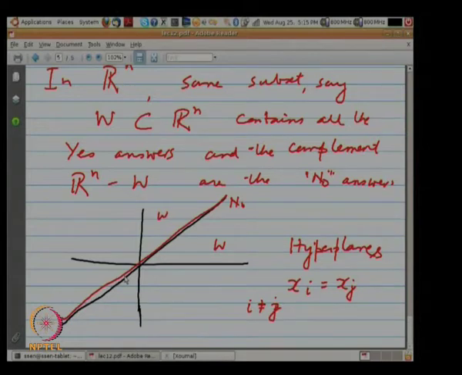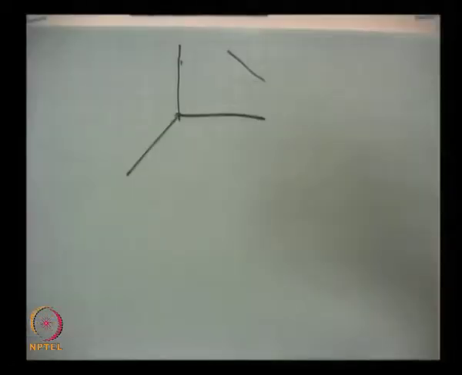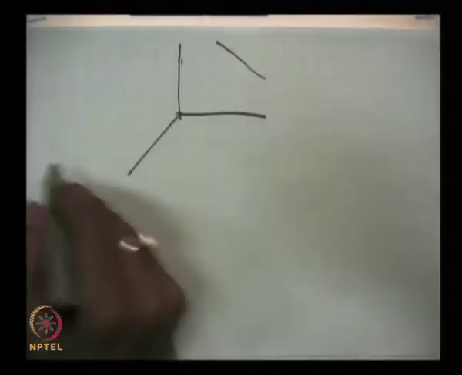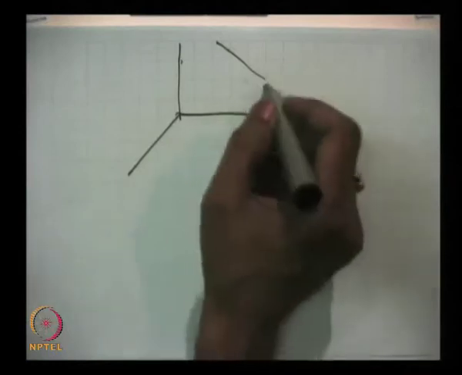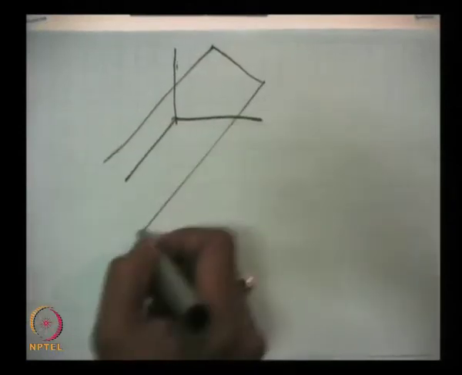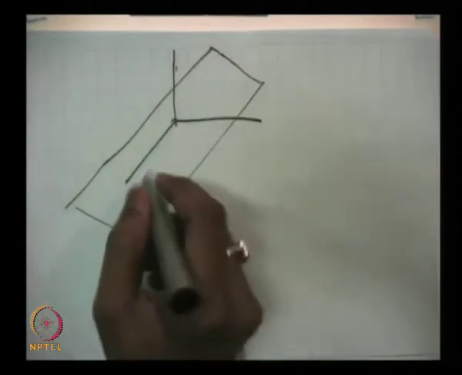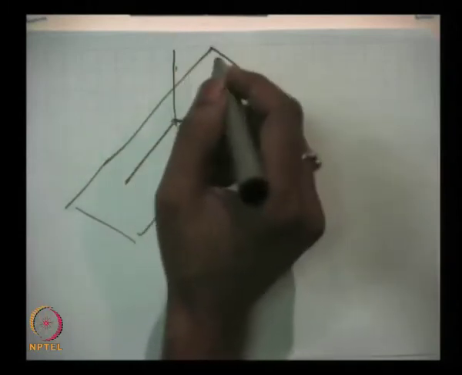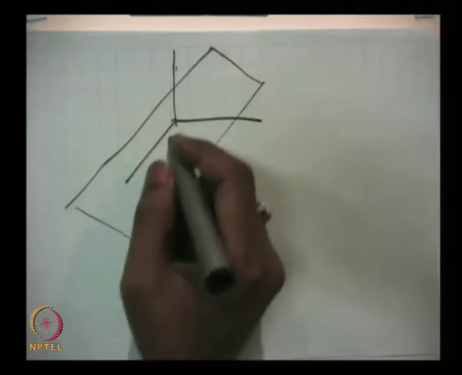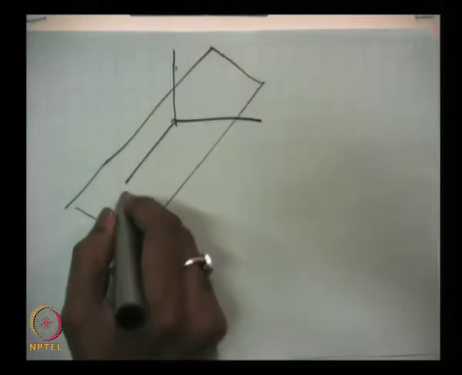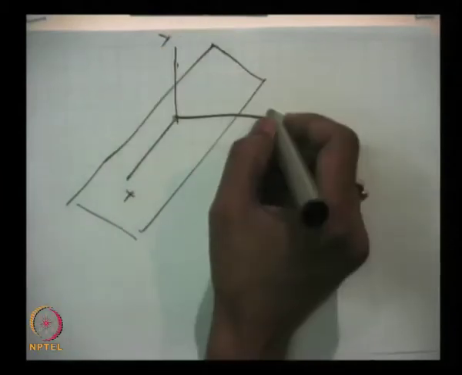So, in the very high dimensional space, maybe even going from 2 to 3 may shed a little bit more light. So, when we go to 3 dimensional space, you have these planes, let us say, in a right hand coordinate system, x, y, z.